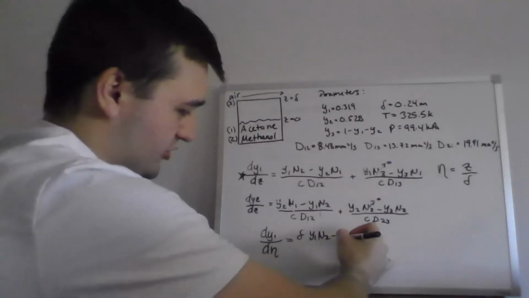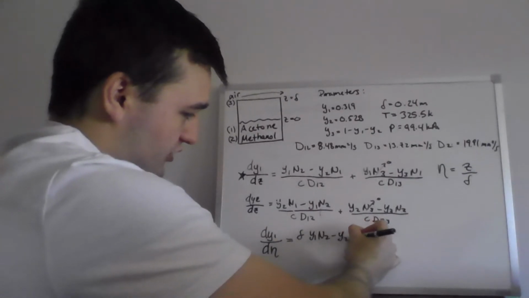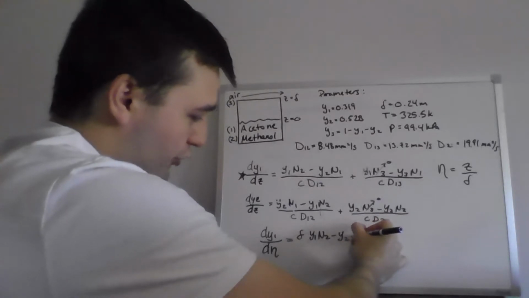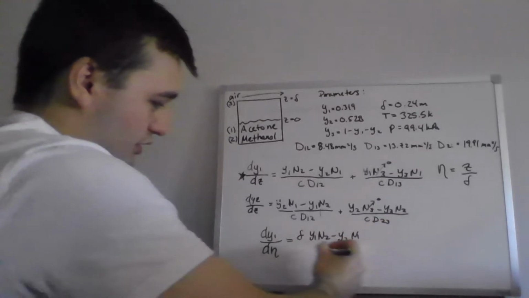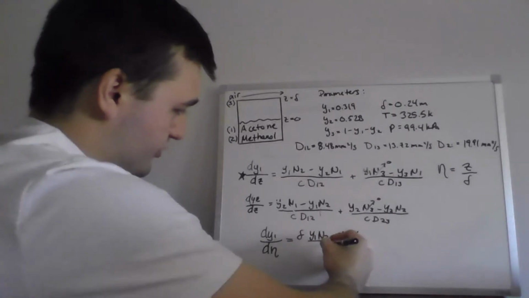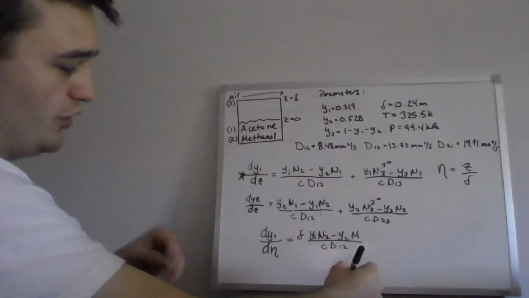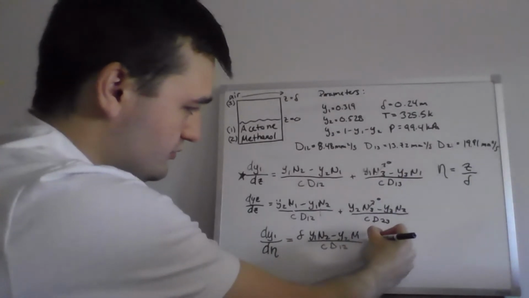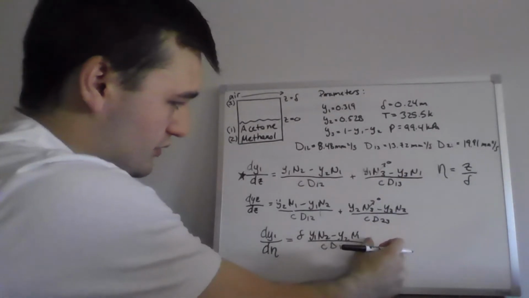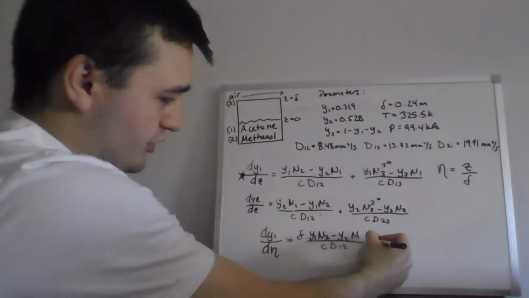Mole fraction of 1 times the molar flux of 2 minus the mole fraction of 2 times the molar flux of 1, over the concentration times the Stefan-Maxwell diffusion coefficient between 1 and 2. And then, considering this goes to 0 here, we can now pull out a minus.